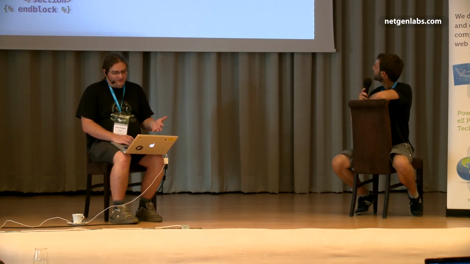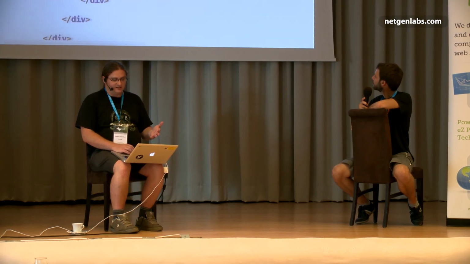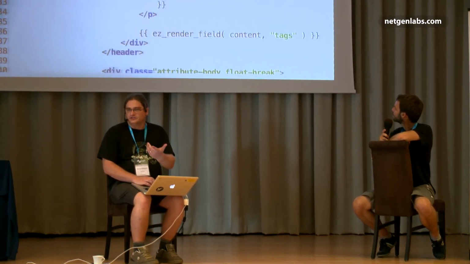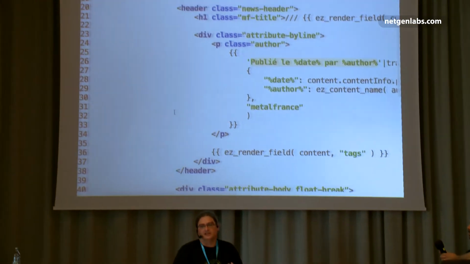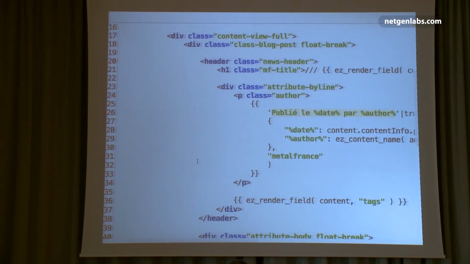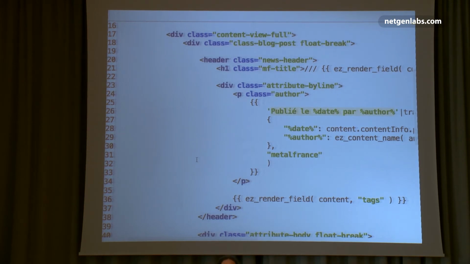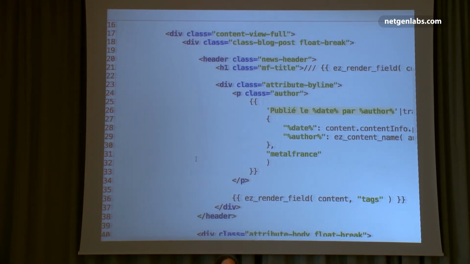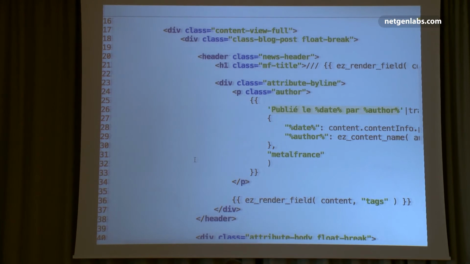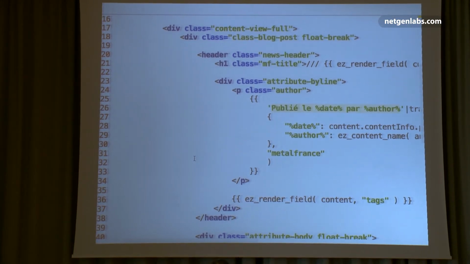So yeah, what I wanted to basically show is that converting a content template, well, of course it depends on complexity, but is not rocket science. I mean, it's just basically converting from the legacy syntax to the twig syntax.